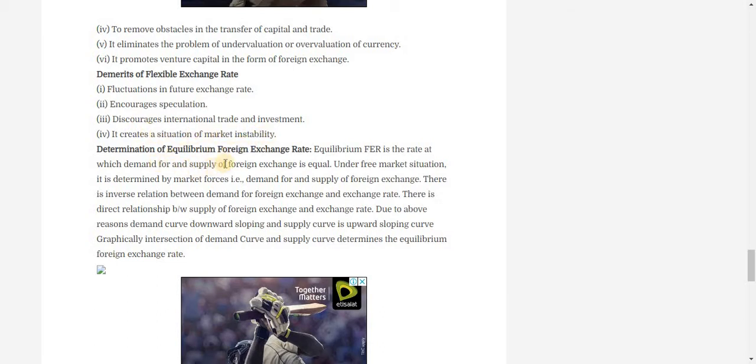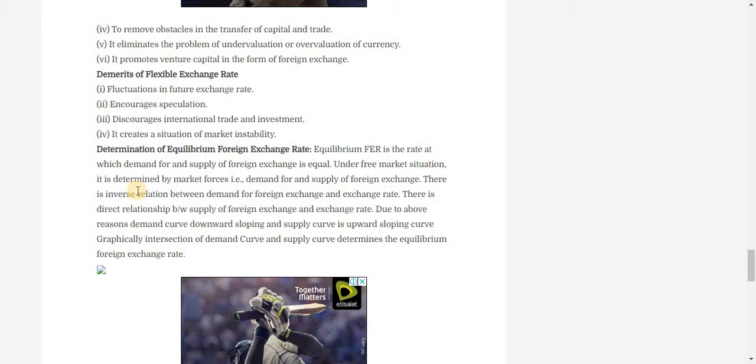Determination of equilibrium foreign exchange rate. Equilibrium FER is the rate at which demand for and supply of foreign exchange are equal. Under a free market situation, it is determined by market forces, that is, demand and supply of foreign exchange.